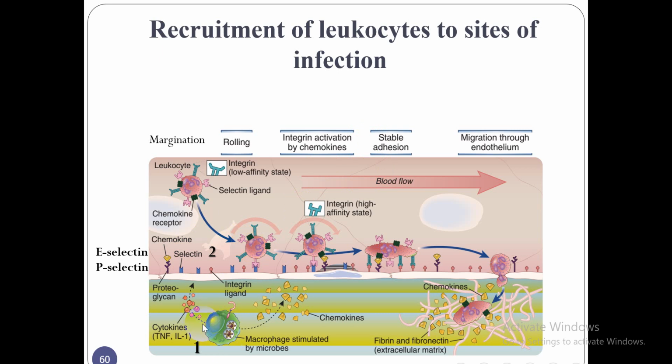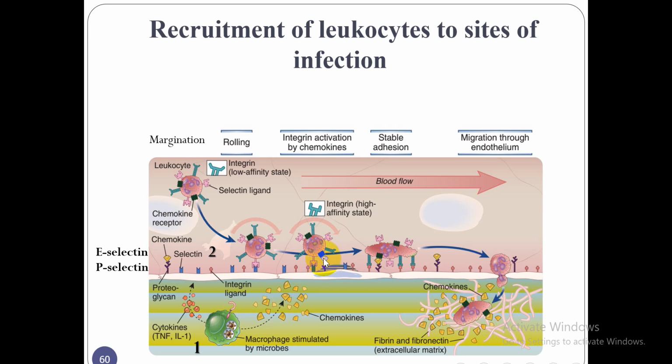At the same time, the macrophages could produce chemokine, and you remember that I explained that these chemokines pass through endothelial cells and attach to the surface of endothelial cells.